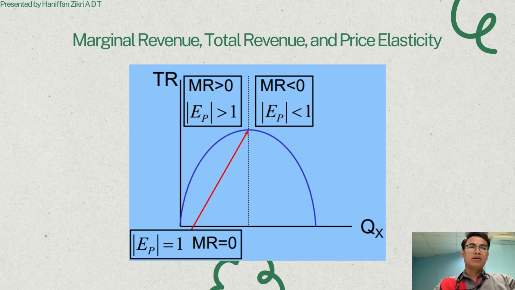So for a decline in the price, total revenue increases if demand is elastic, remains unchanged if demand is unitary elastic, and declines if demand is inelastic.